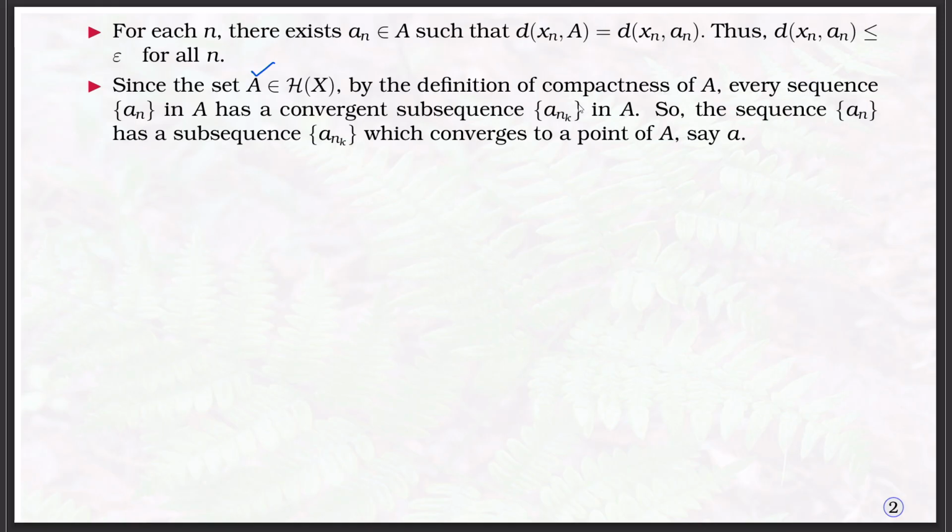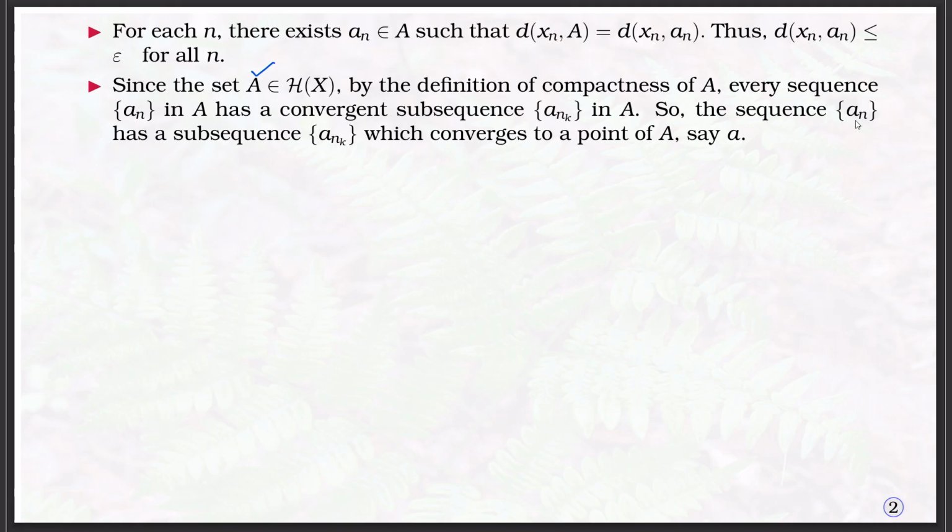Compact means every open cover has a finite subcover, or alternatively we can define compactness as: if we take a sequence and that sequence has a convergent subsequence, we can say the set is compact. Here we are taking an in A, therefore an has a convergent subsequence.